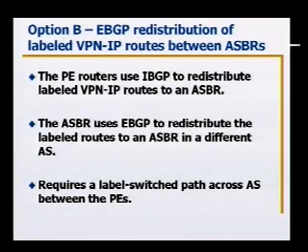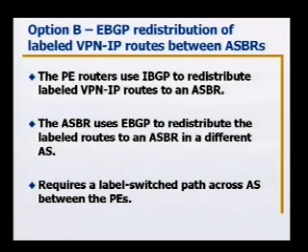This is refined in option B. What option B says is: leave the ASBR alone and have the PE routers use IBGP to redistribute the VPN-IP routes to the ASBRs. So now the ASBRs don't have to maintain per-VRF state.